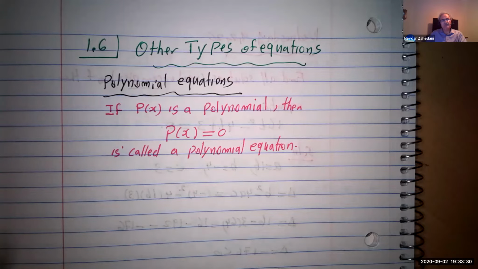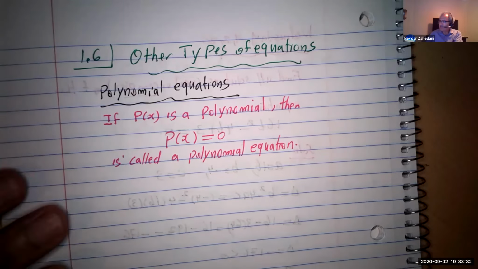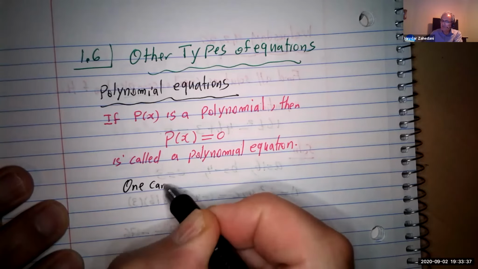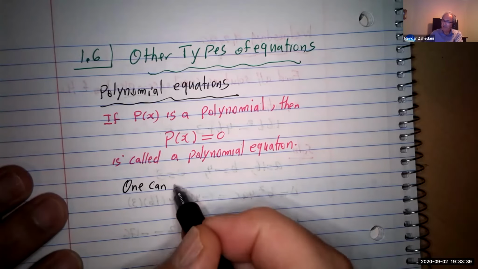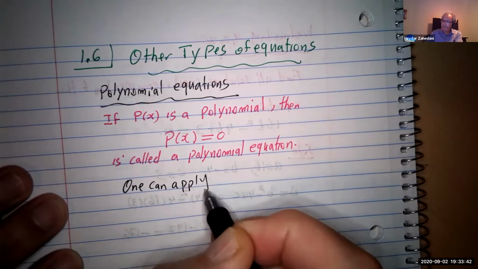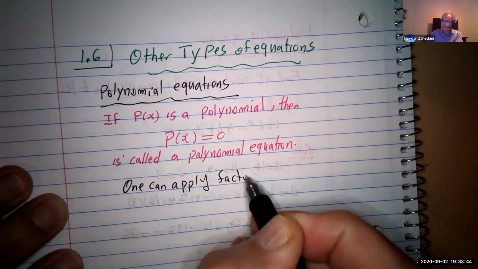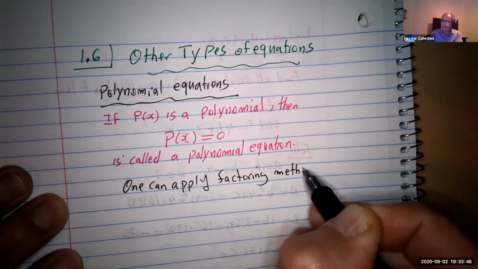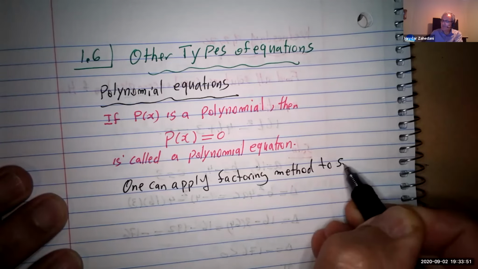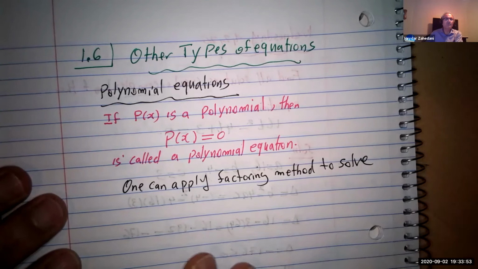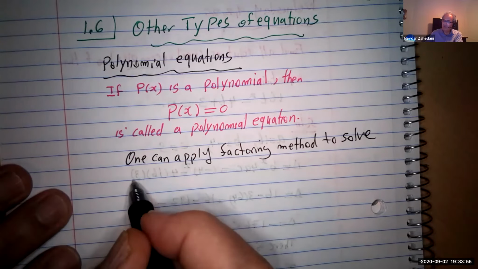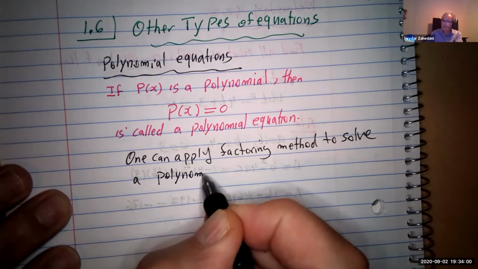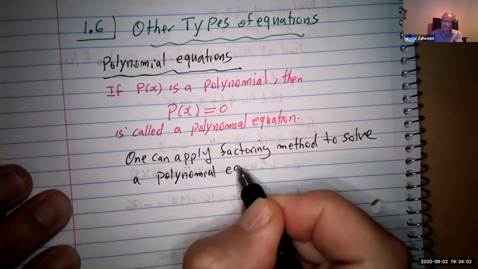We can use factoring to solve it. So one can use, as in algebra, the factoring method to solve a polynomial equation.